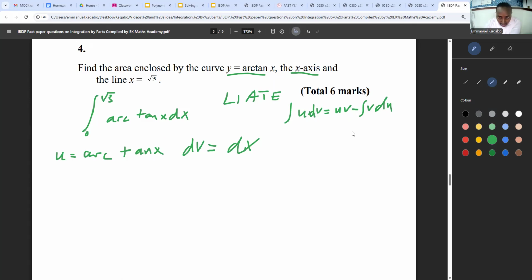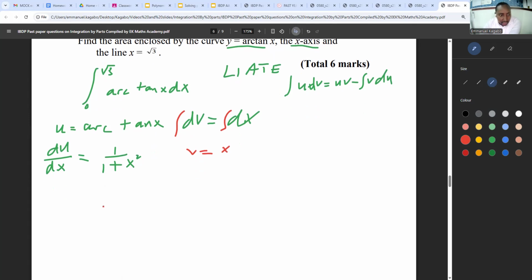So we need to get du over dx. We have to do the derivative. Check your formula booklet. The derivative of arc tan x is going to be 1 over 1 plus x squared, guys. Okay? Good. Now, what is the integration of dv? Whenever I integrate here, I'll get v as x. Okay? Very good. Remember, we have the limits. So we apply the formula. It's going to be uv.